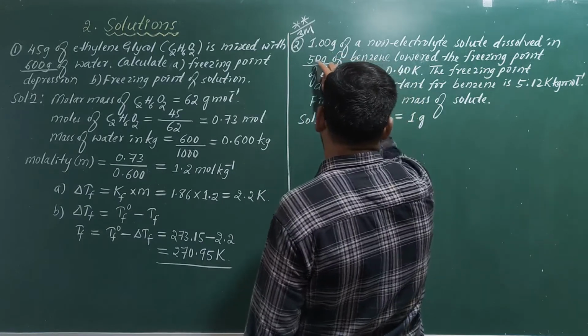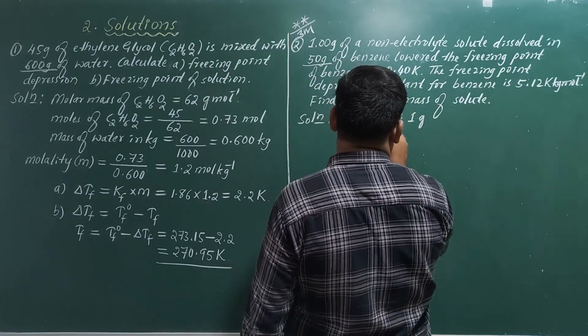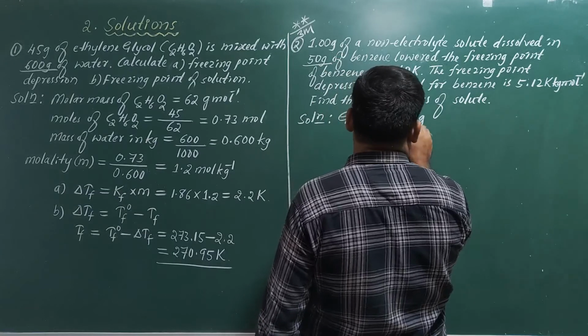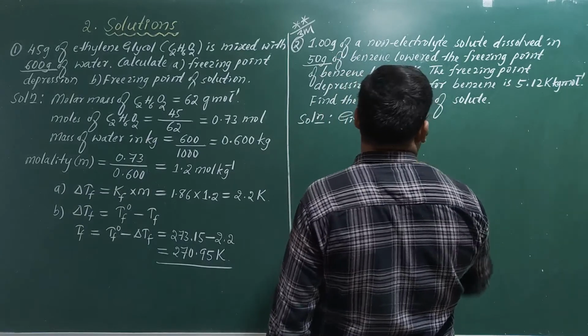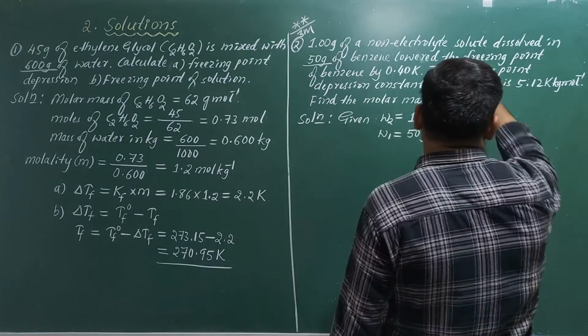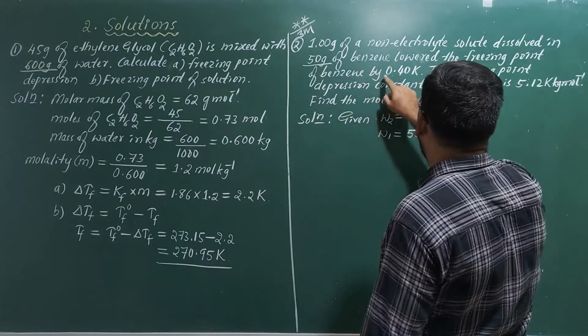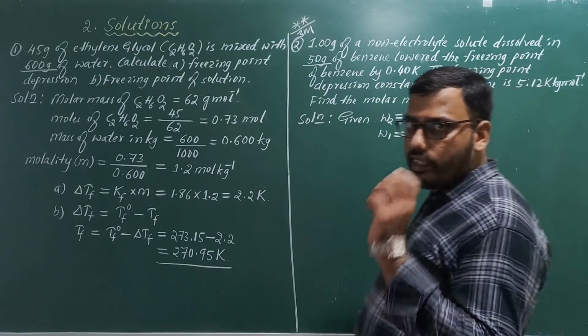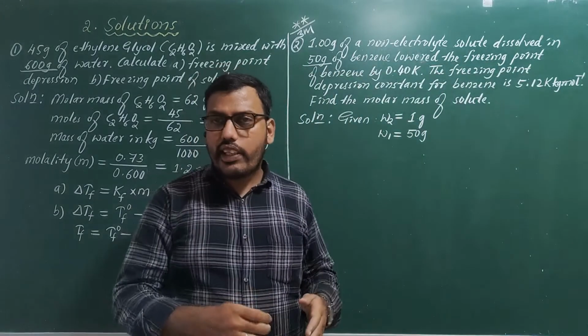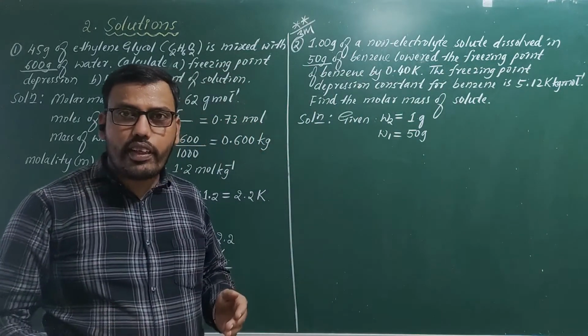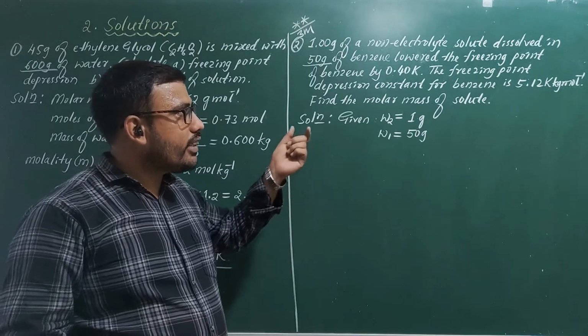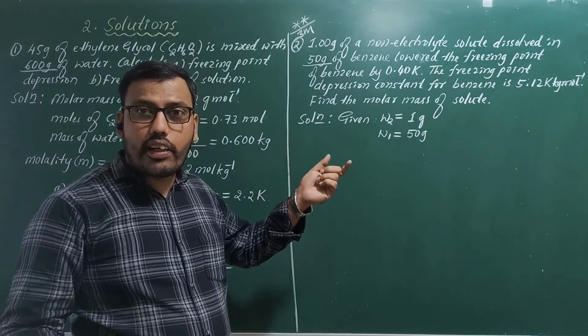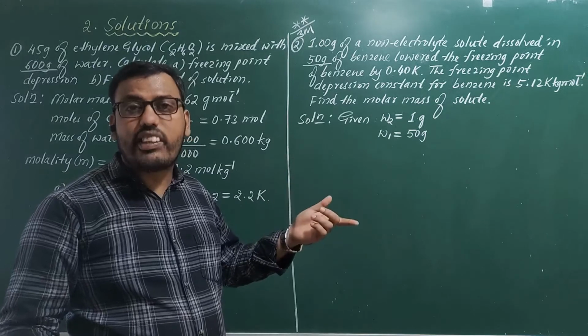So benzene is a solvent here, so that's why W1 is 50 gram. Okay, the freezing point of benzene is lowered. Freezing point of benzene is already lowered, means initially it was something, so after preparing solution it is lowered by this value, means already depression in freezing point is given.